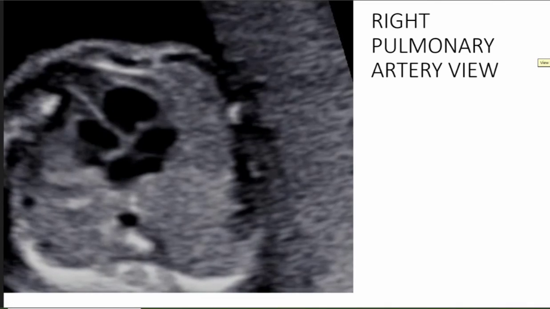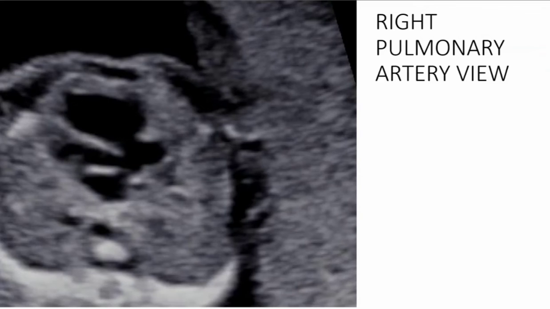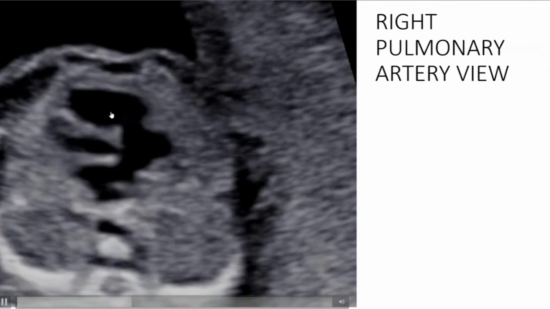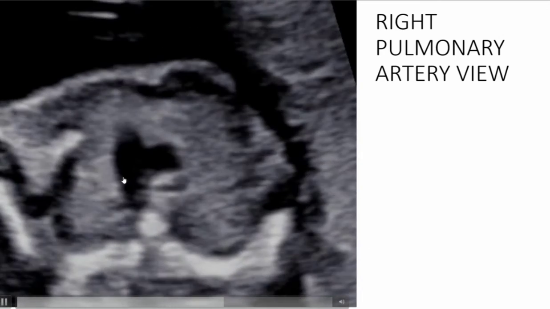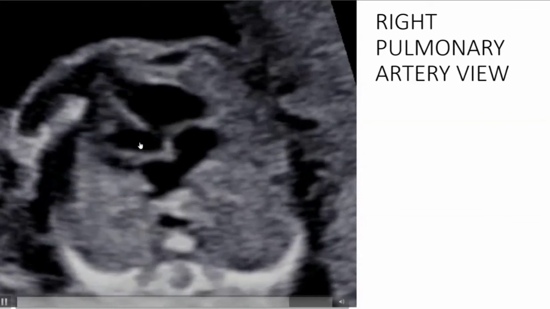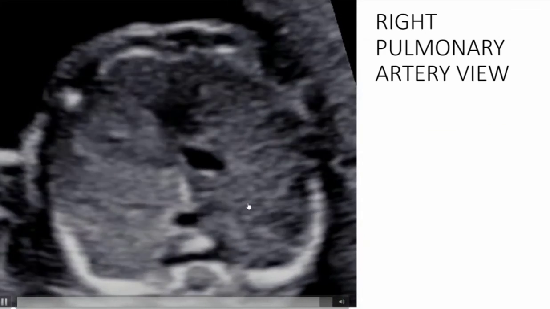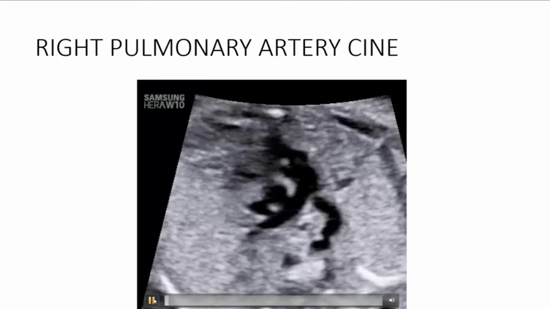After we get the main pulmonary artery coming out from the right ventricle, now this is the right ventricle, now we have the pulmonary artery. And from the pulmonary artery, you can see the right branch pulmonary artery will come out and go behind the arch of aorta. So this is the right branch pulmonary artery.